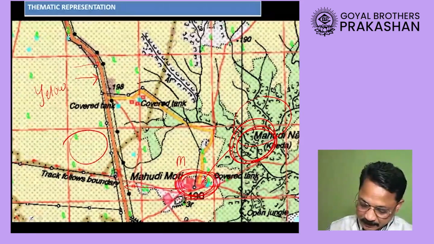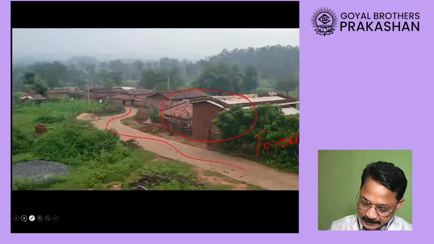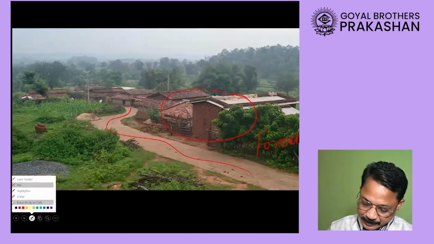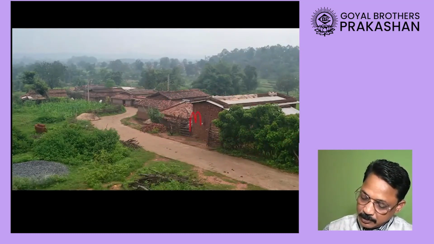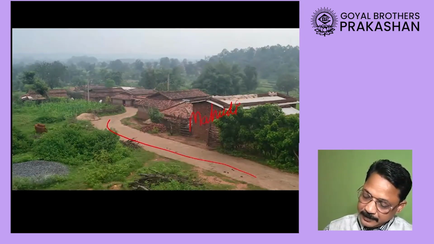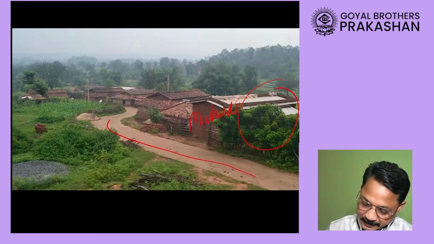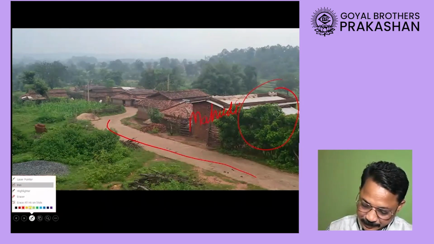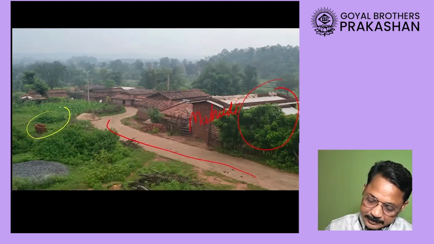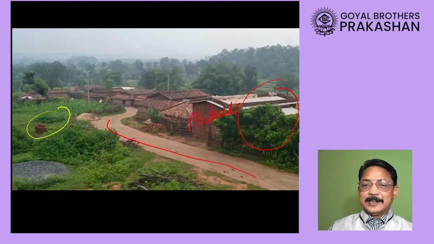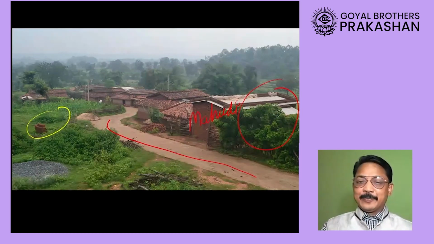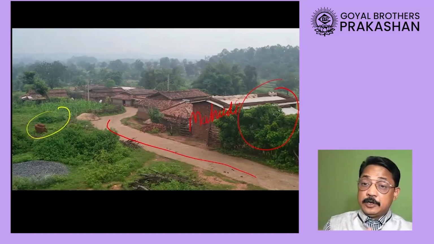In reality, how will it appear on ground? In reality, it will be seen like this: here is the village called Mahudi Moti. Near this village there is a road going. Near this village a forest is seen, and near this village agriculture is being done. That means this is how a map looks and how the same area is seen on ground.